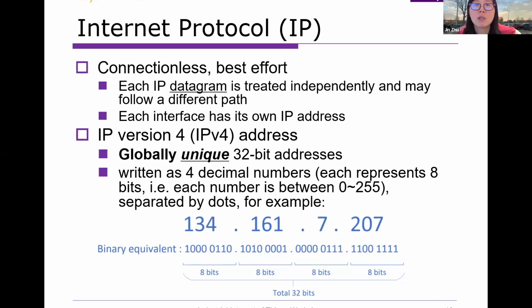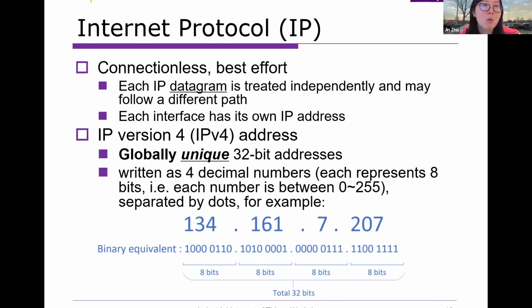So it is a loose, connectionless kind of protocol. It provides very good scalability. It allows the internet to expand to billions of users, billions of nodes, and it can still run robustly.